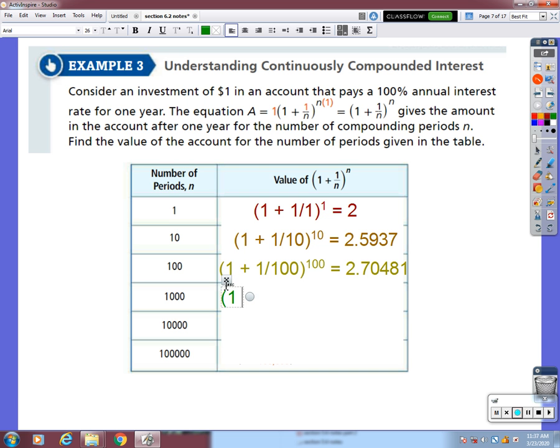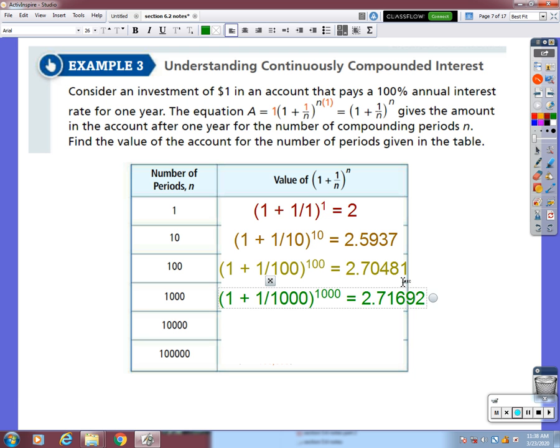All right, let's keep going. Now let's put interest in 1,000 times a year. So this is to the 1,000th power, and as you would expect, we get a little bit more money, but you can see that the increase in the amount of money that we have is starting to level off.